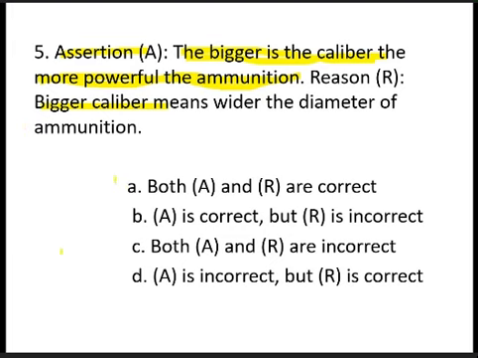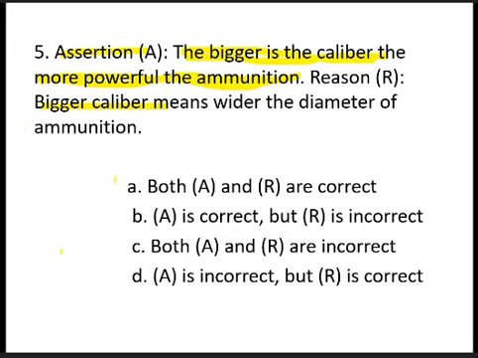Di ba? Ganina naghisgot ta gauge. Kung taas ang figure sa gauge, mubo ang figure sa kalibre. Kung mubo ang figure sa gauge, taas ang kalibre. Wala siya maghisgot og ammunition.